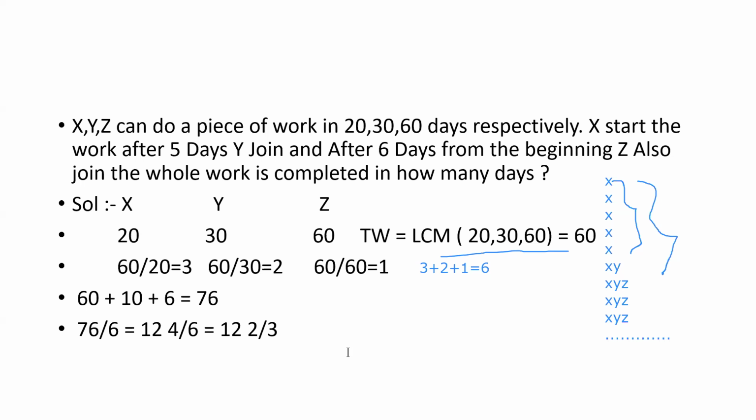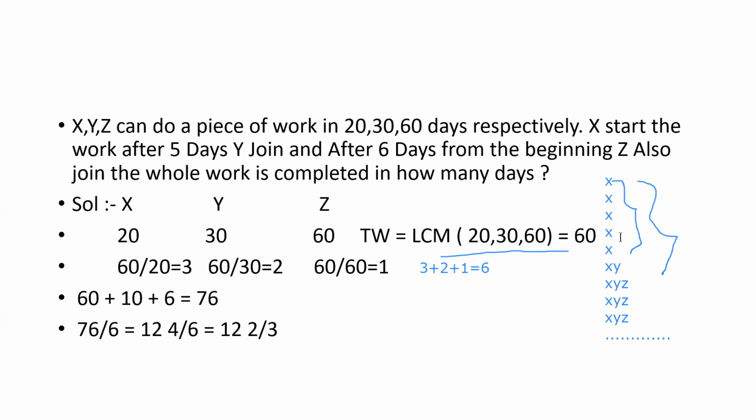Now once again we explain. First, individual work of 3 persons is given, and then one person starts the work and later another person joins, and then another person joins. Then we find how many days the whole work takes. From this, the first step is the total work, and then the individual one day work, how many units each can do per day.